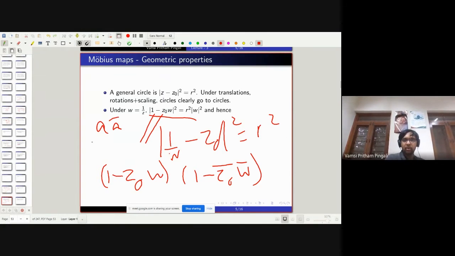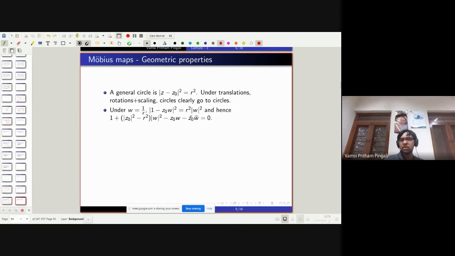Remember, A times A bar is mod A square. So this is 1 plus mod z naught square, mod w square minus z naught w minus z naught bar w bar. So when you do that and you bring the mod w square to the other side, when the dust clears, you get this.